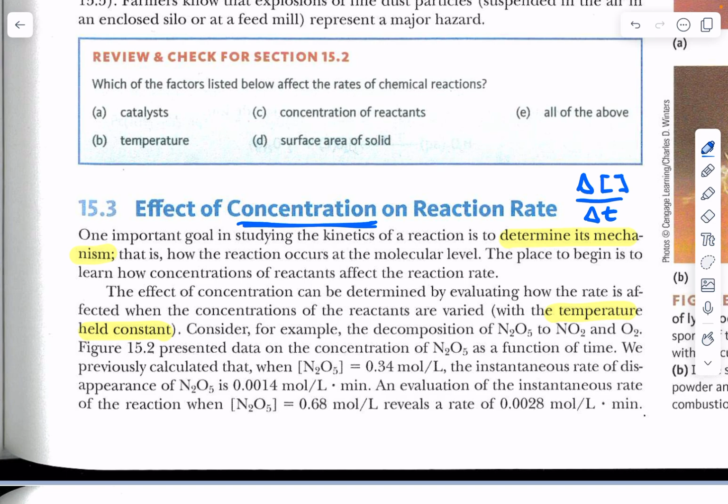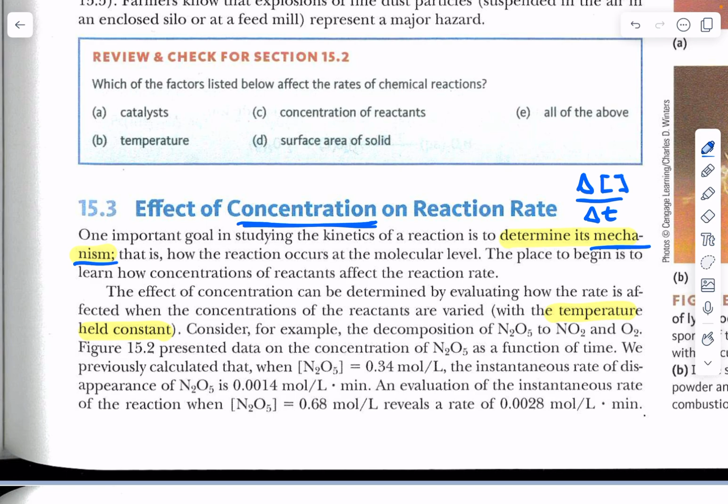And this information helps us to learn something about the mechanism. The mechanism is different from the rate, but the rate gives us clues as to what's going on when the particles actually collide with each other, even though we can't visibly see them or even computer model them, at least yet.